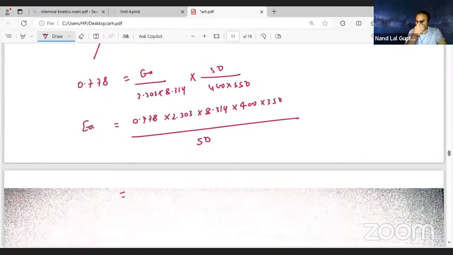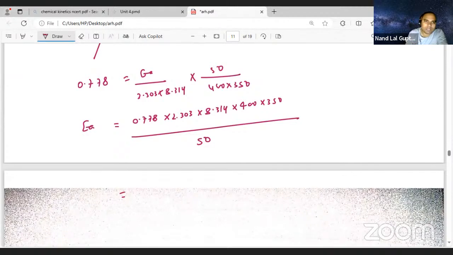So students, 0.778, 2.303 multiplied by 8.314 multiplied by 400 multiplied by 350.